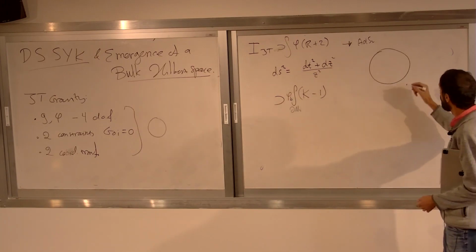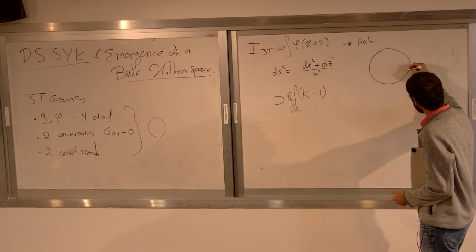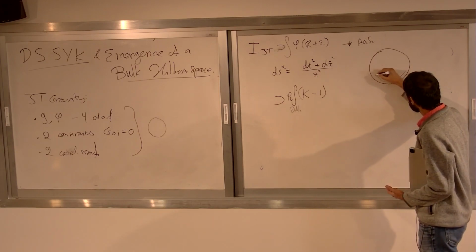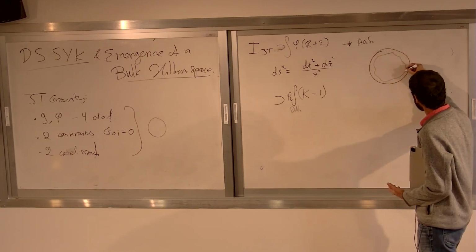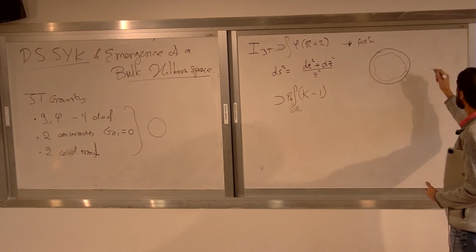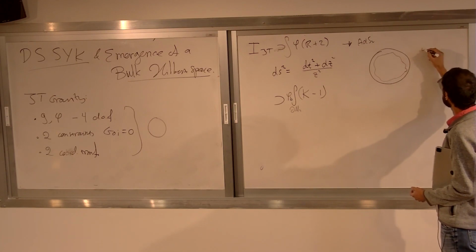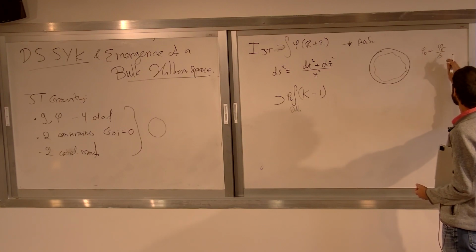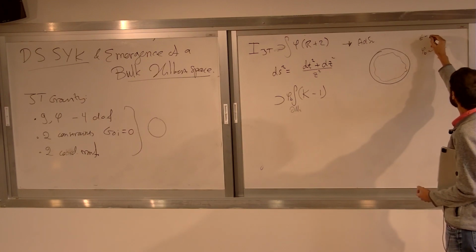Okay. The boundary of M2 is some arbitrary curve within this Poincare disk, at which you impose the following boundary conditions. You say that phi boundary goes as phi_r over epsilon, as epsilon goes to 0.